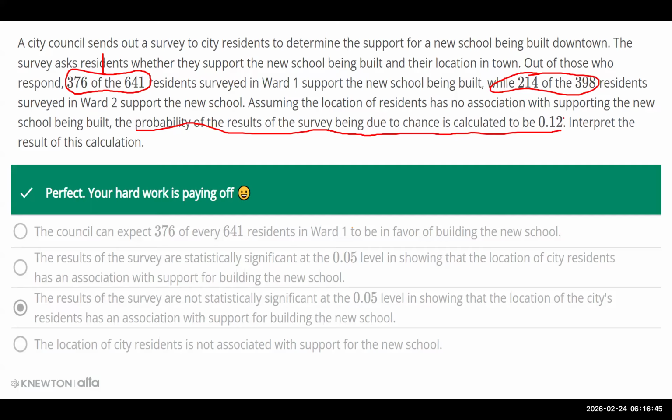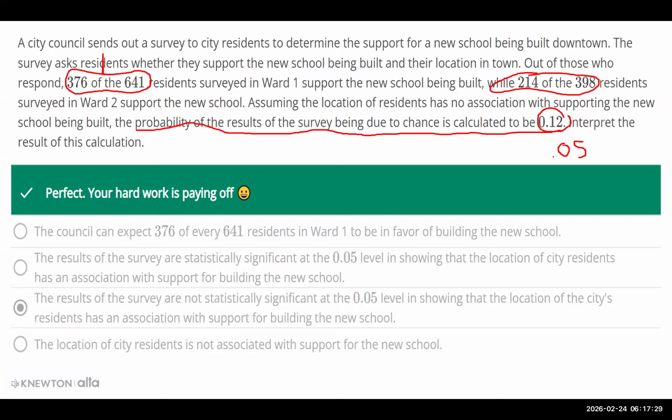It's really the fact that this outcome can occur by chance 12% of the time, which seems low, but in fact, we always or often use 5% as the actual cutoff point for saying that something is occurring at an unusually low rate compared to what is expected.